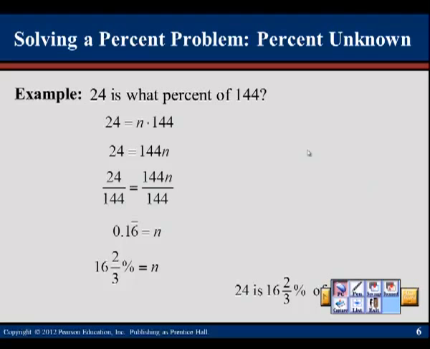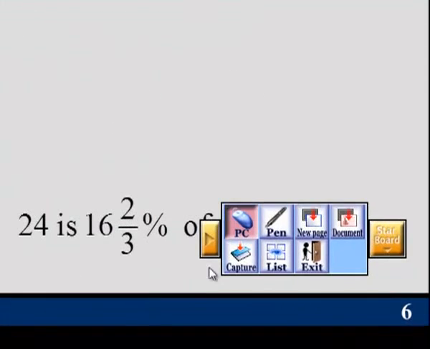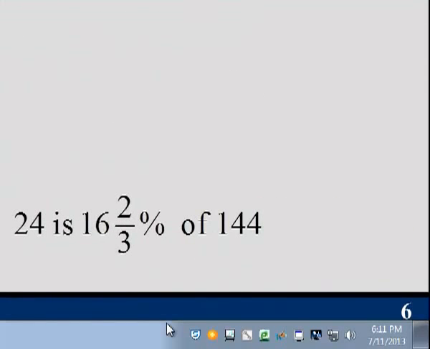Okay? 0.5, that's a half. You know what I mean? So that's a common number that we're learning about. So when you see 0.6 repeating, you know it's 2/3 as a fraction. So that's why it's 16 2/3%. All right? Questions with that?